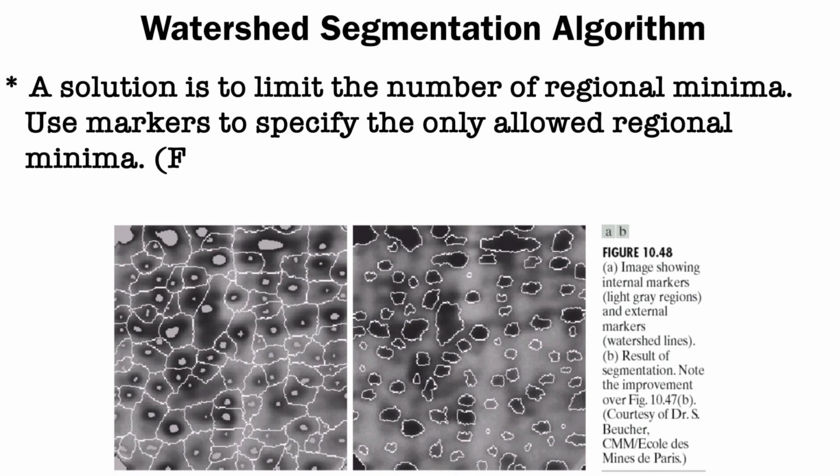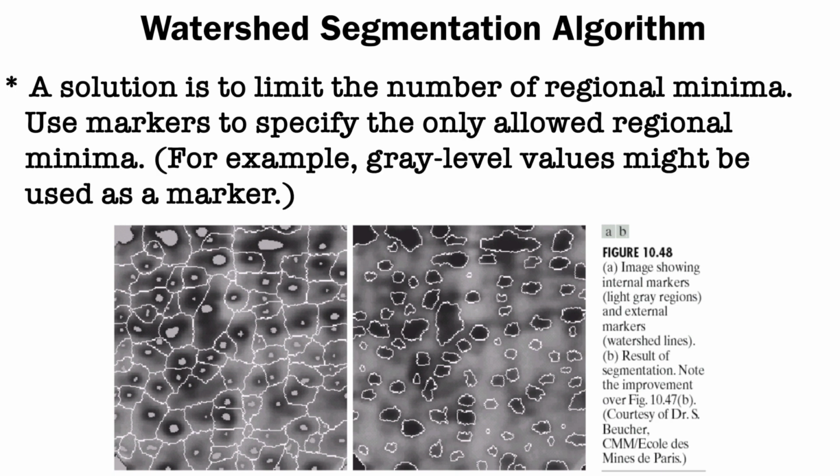Here we can see that the watershed algorithm provides the solution to limit the number of regional minima, where a marker specifies the only allowed regional minima. Gray level values can be used as markers, and then we can find all the objects in the foreground and background images.